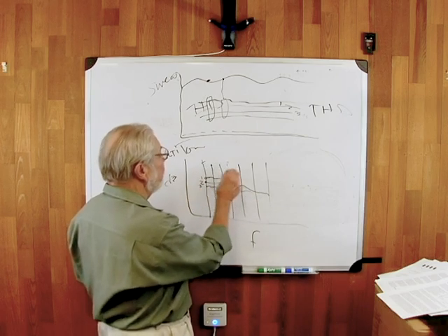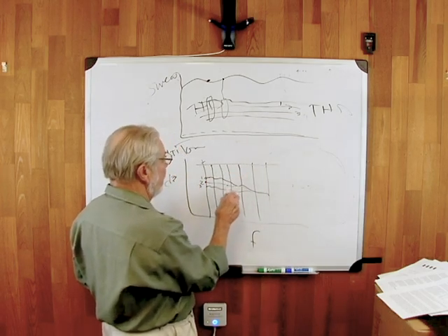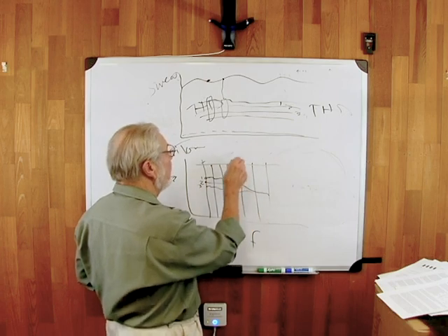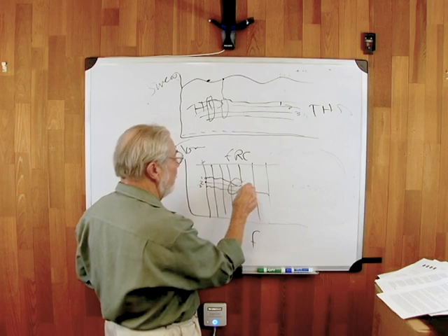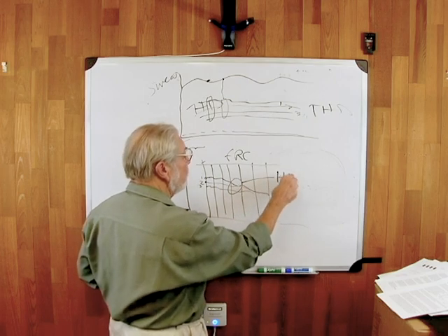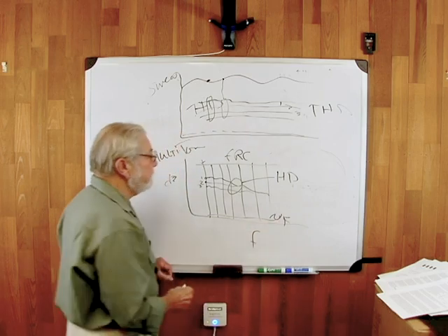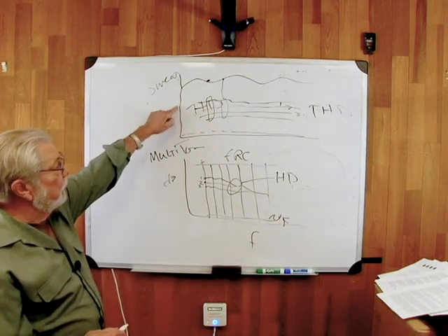So this is the frequency, this is the signal applied, and that gets through the equipment, and that's the frequency response curve. Buried in there is the harmonic distortion. And of course, down here is the noise floor. This requires time.